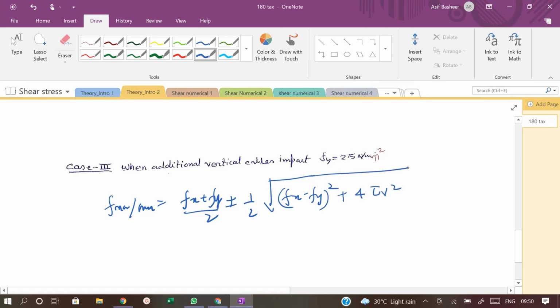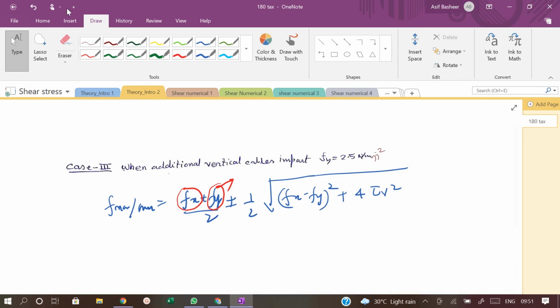In this case, what is happening? There is already Fx due to the horizontal pre-stressing force, and now an additional Fy is developed due to the vertical pre-stressing force.